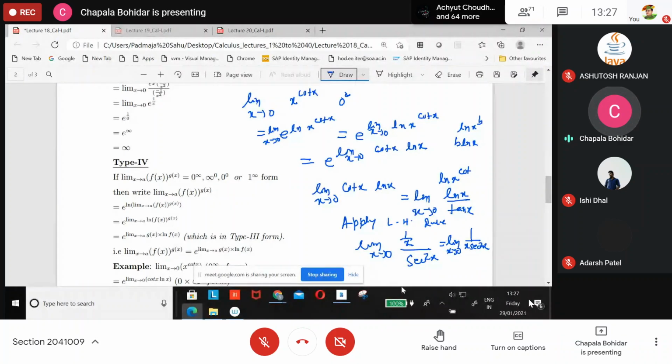I can write it this way. What am I getting here, as x tends to 0?